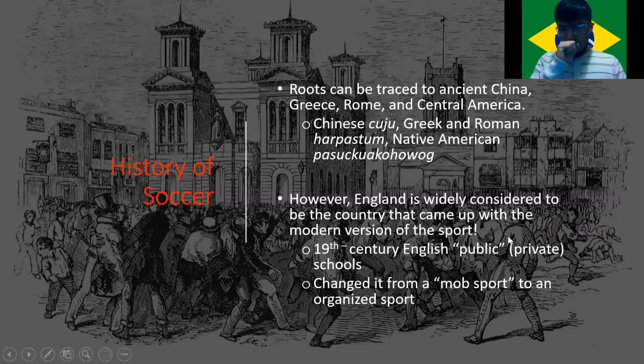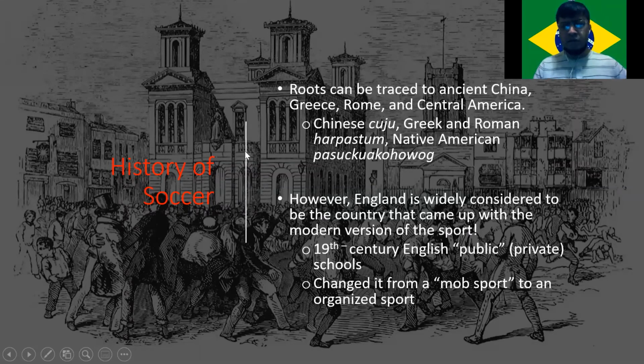So soccer, or football as it was called in England, was considered a rich person's sport, because you pretty much had to be upper middle class or elite class to even get into these schools at the time when they started inventing soccer and coming up with the rules.